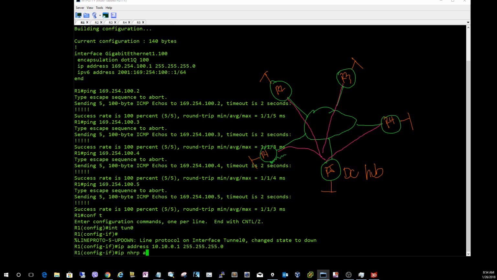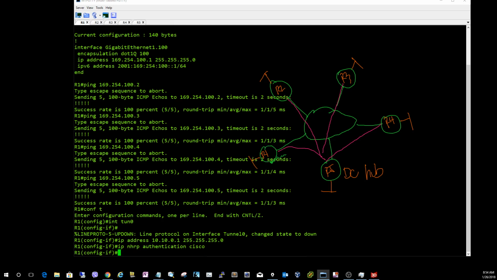Okay. Then the next command that I'm going to put in here is NHRP authentication. So we'll call it Cisco. Then the next thing that you need to put in is the mapping between the overlay. Again, the overlay is the tunnel interface of the server.